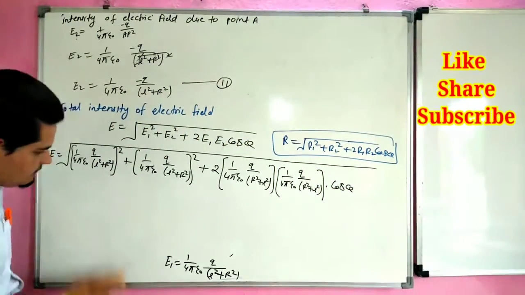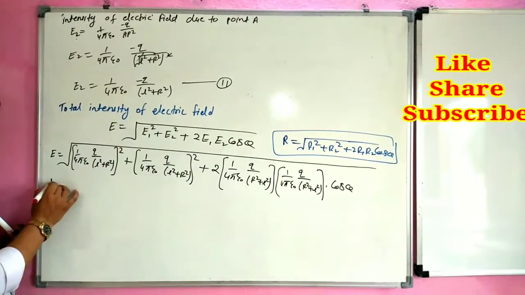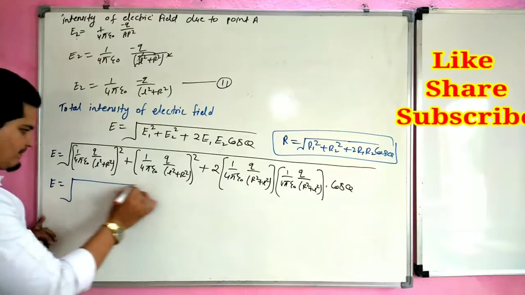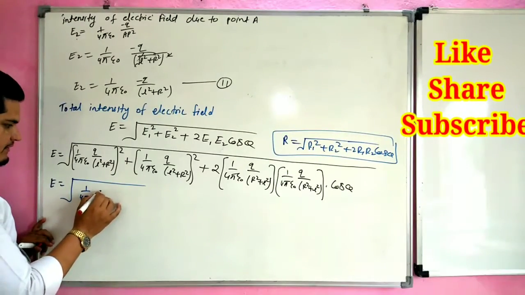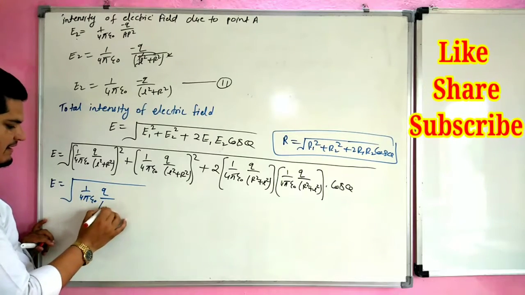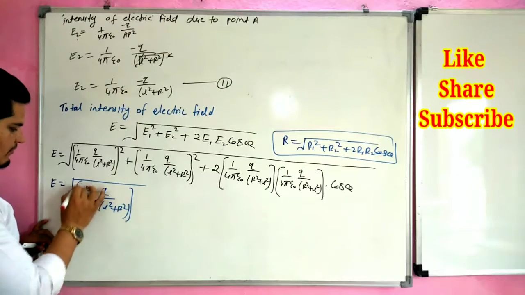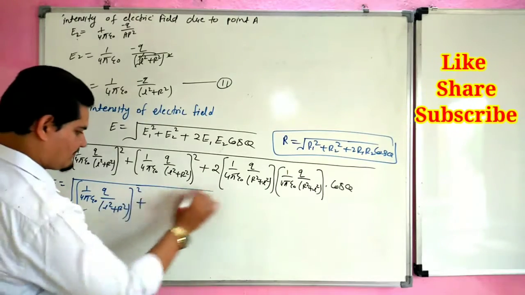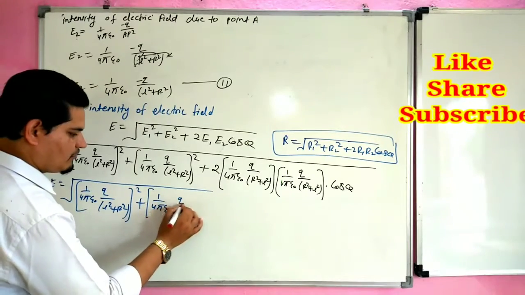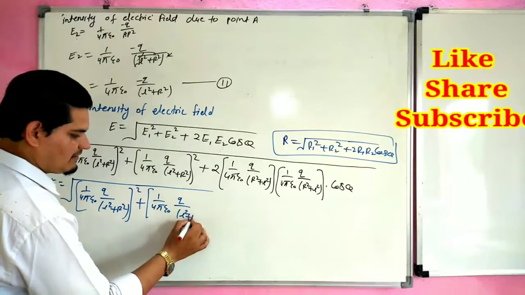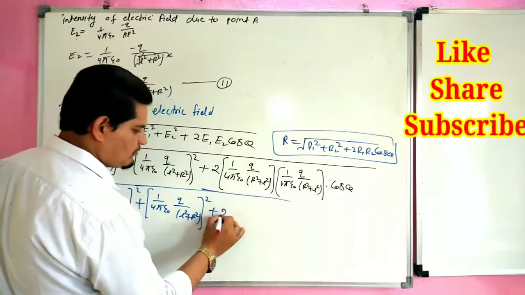Now E equal to under root of (1 upon 4 pi epsilon naught Q upon (L square plus R square)) whole square plus (1 upon 4 pi epsilon naught Q upon (L square plus R square)) whole square plus 2.